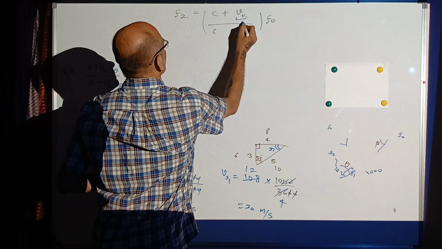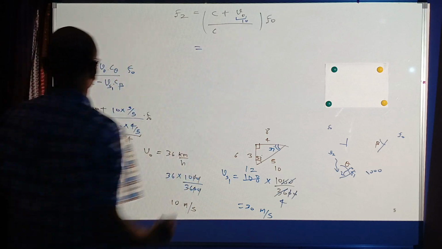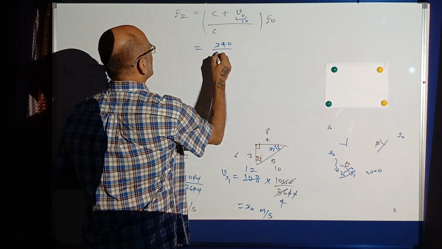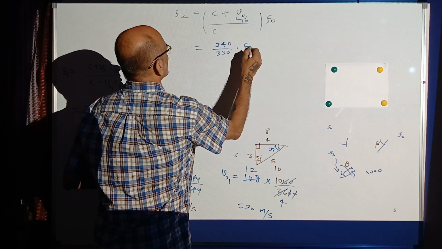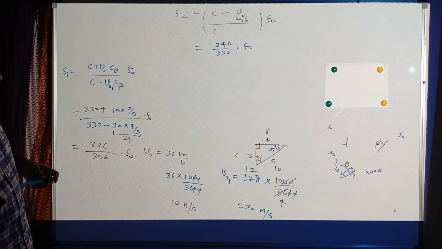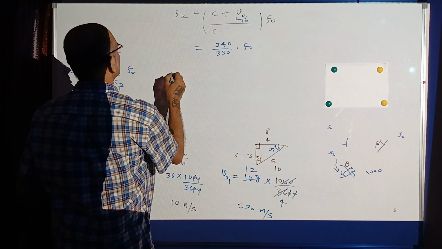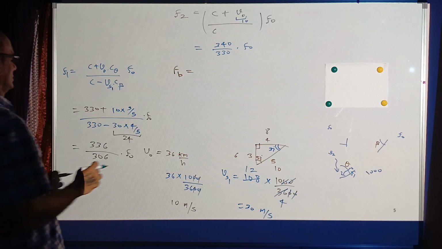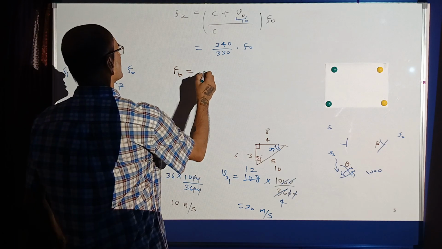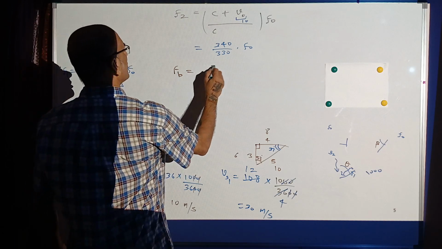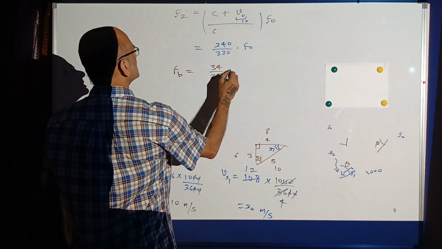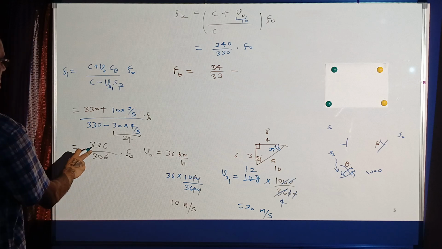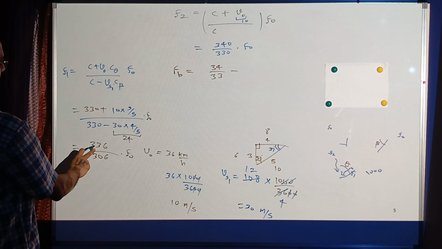This is 10. C is 330, so 340 by 330 into F0. So beat frequency is the difference between F1 and F2, which is 34 by 33 minus 336 by 306. 6 will go 5, 61 times.